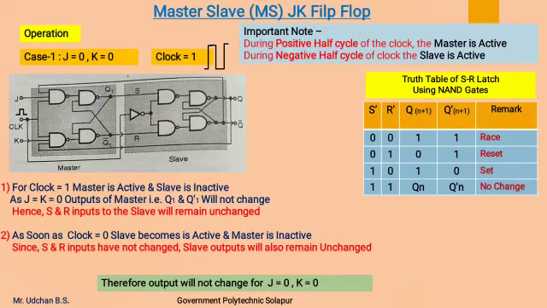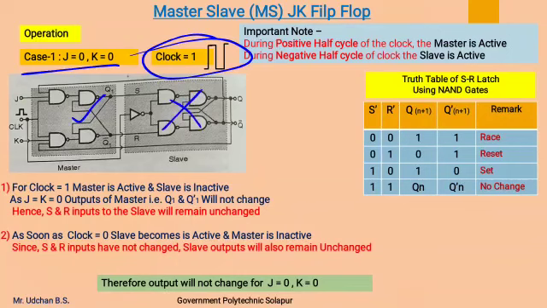Now in the first case, the value of J and K both are 0 and a positive level clock is applied to this circuit. For clock 1, the master is active whereas slave is inactive. As J and K both are 0, in this I will show the values of J and K. Both are 0.